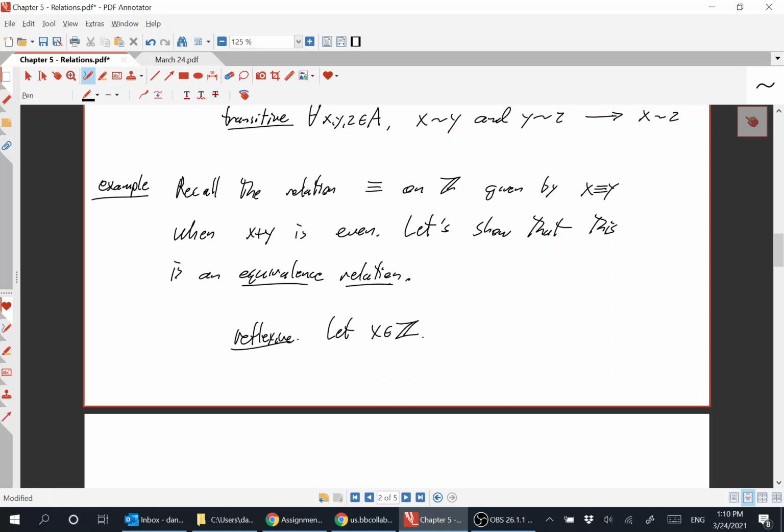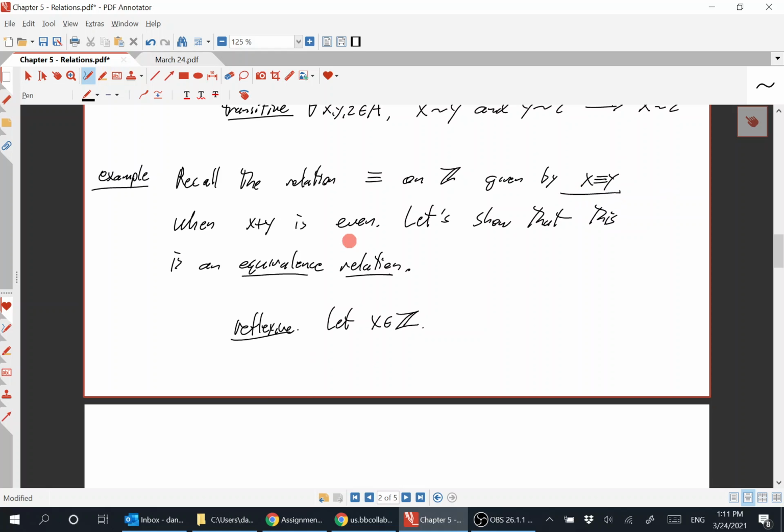The relation is that x is related to y when x plus y is even.